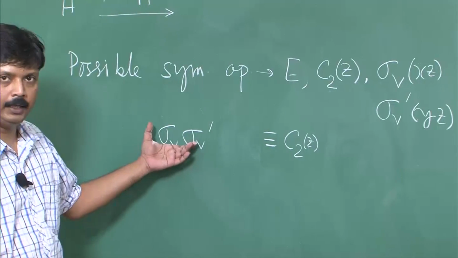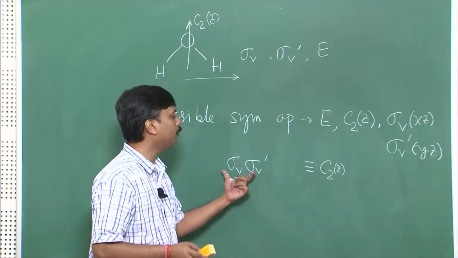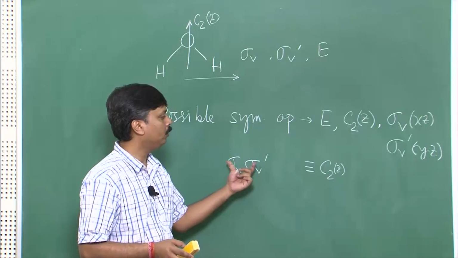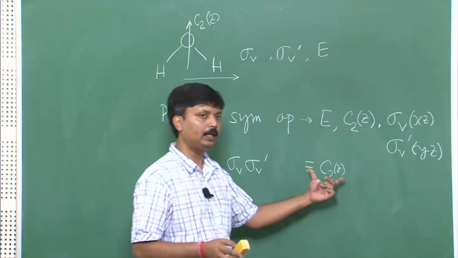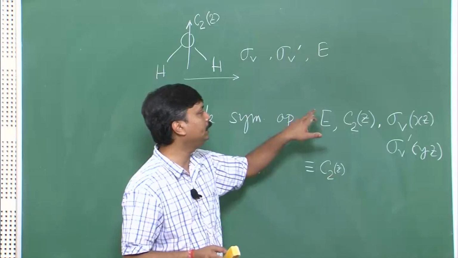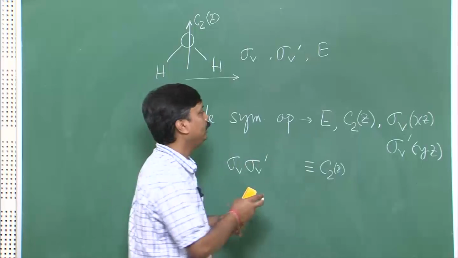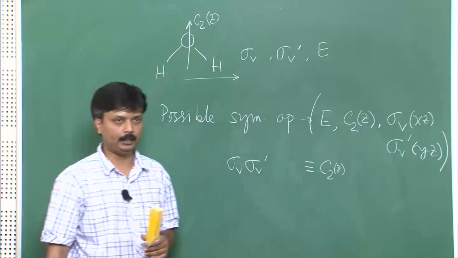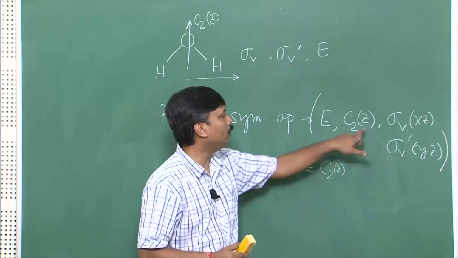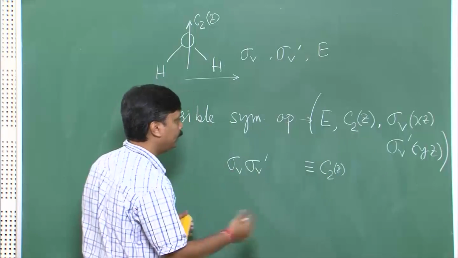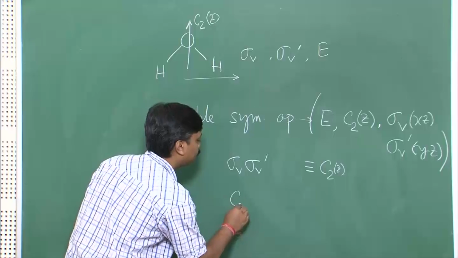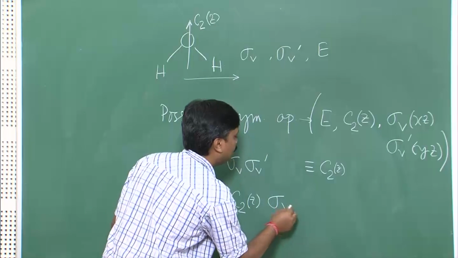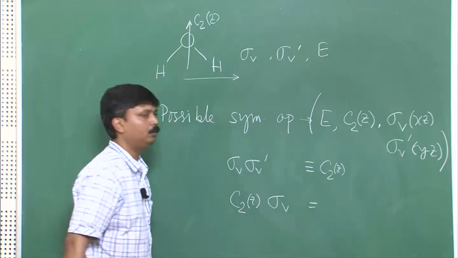What we learned from here is that the combination of any two symmetry operations will produce another symmetry operation which is already present in this particular set. If I call this one a closed set, then C2Z is already present there. We can try anything, like if we operate C2Z and sigma v one after another.